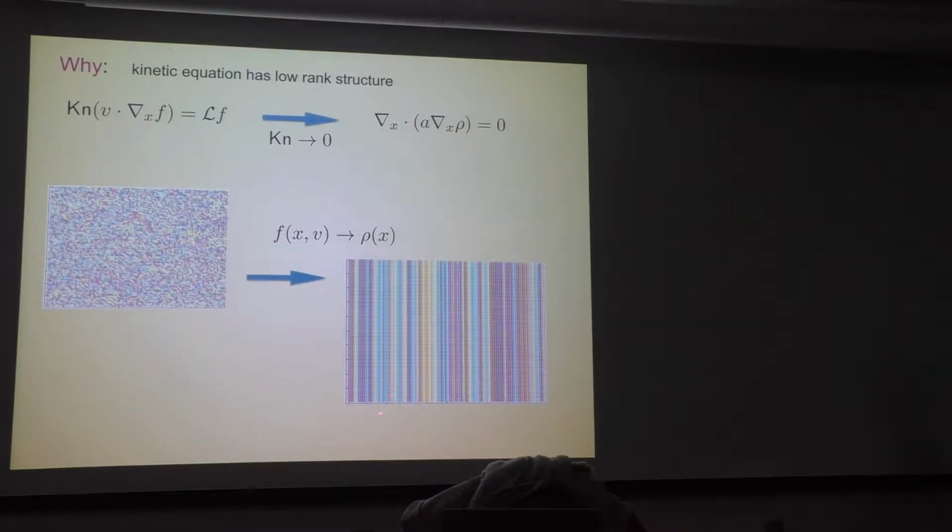If you only have spatial dependence x, the velocity direction is universal. You only have variation in one direction. So the unknown, or the degrees of freedom, get compressed from 2D to 1D. And I call it the low-rank approximation. The rho is a low-rank approximation to your distribution function f.